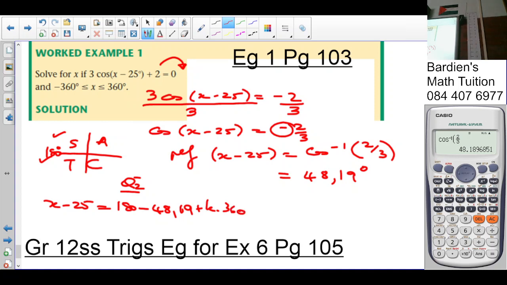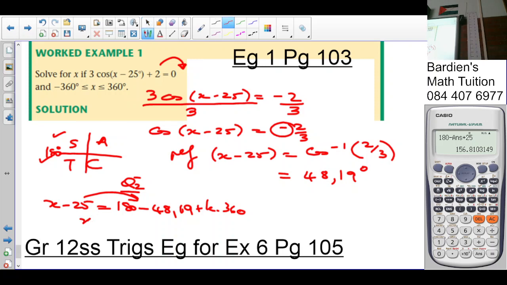Okay? So we take the 25 over the equal sign. I then say it's 180 degrees minus the answer of 48,19, plus 25. It's going to give you 156,81.